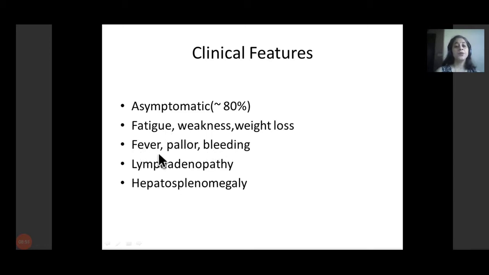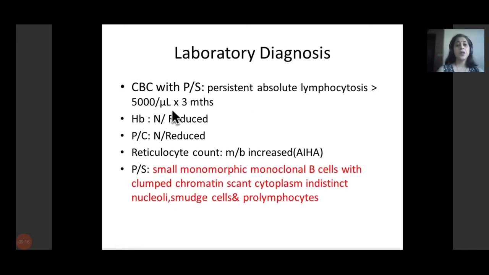So there could be such first presentations in those who have a very high lymphoid cell index. There could be lymphadenopathy and or hepatosplenomegaly, thus bringing the tumor load much higher in the individual.